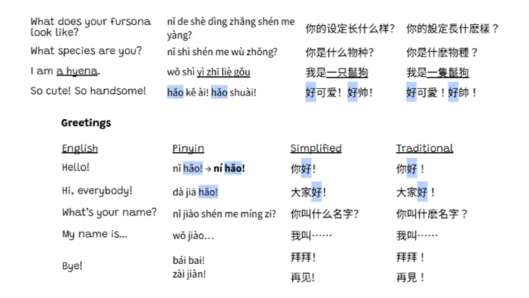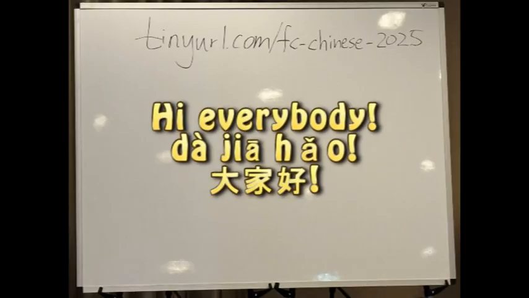So 你好 just means you good. 你 means you, 好 means good. And if you want to refer to more than one person, you would change the 你 to 大家. So you would say 大家好. Yeah, so that means hi everyone.